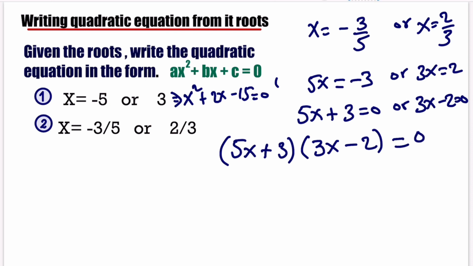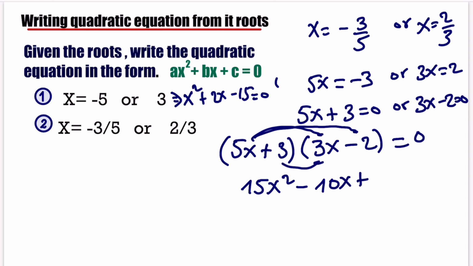So if we multiply this, this will give us 15x squared minus 10x plus 9x minus 6 equals 0.